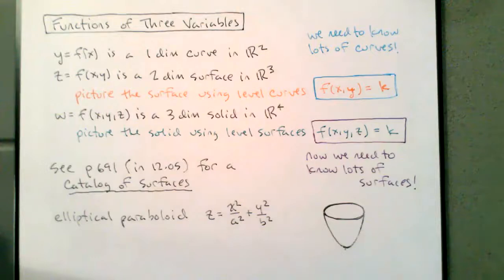So we can see slicing this paraboloid horizontally, parallel to the xy plane, produces ellipses. Slicing it vertically is going to produce parabolas.